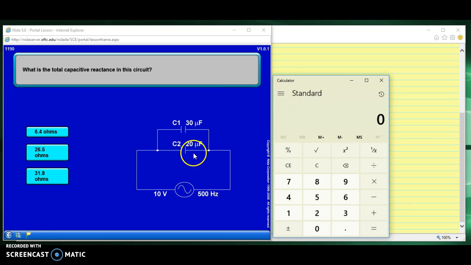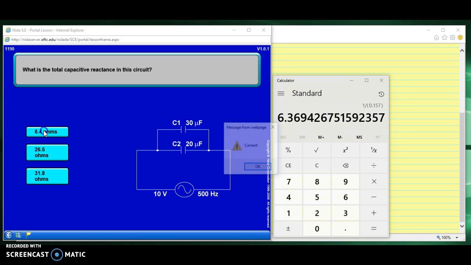We can do that easily. 30 and 20 is 50. So 6.28 times 500 equals times 0.000050, and 1, 2, 3, 4, 5, 6. That works out right. Divide that into 1, 6.36, if we round up, 6.4.